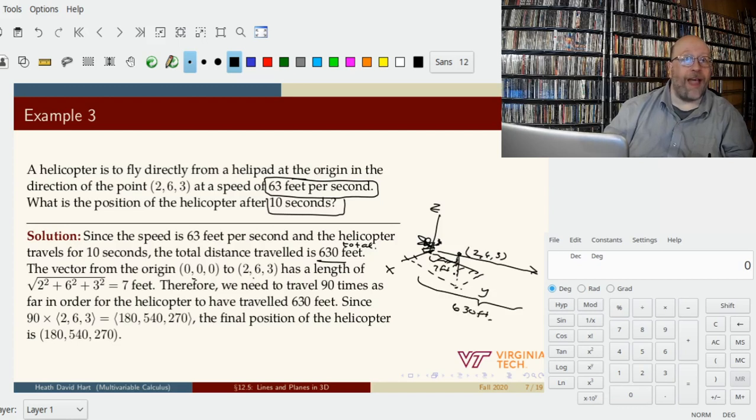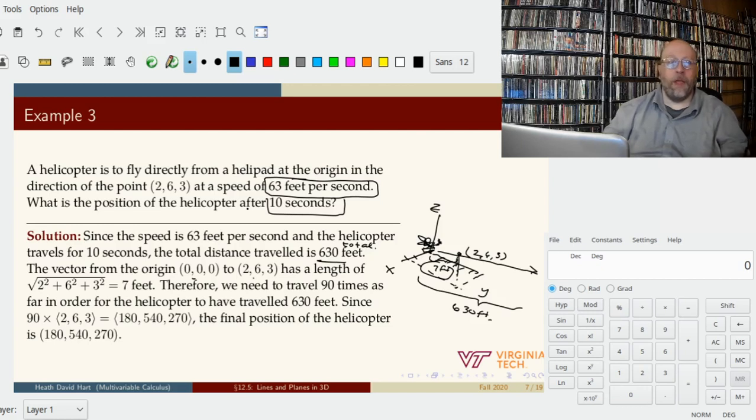Well, that's 90 times as far as this one vector here. And so we need to go to the point that's 90 times further away than (2, 6, 3). And that's (180, 540, 270). And so that's the final position of the helicopter: (180, 540, 270).